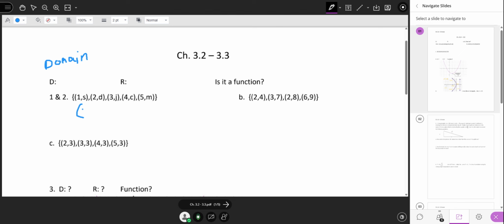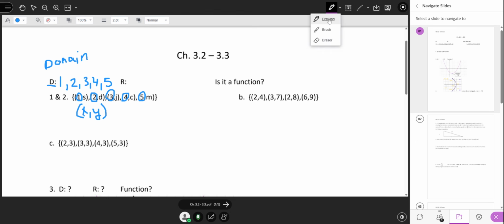And like I said just a moment ago, ordered pairs are x comma y. So if we're listing all of our x values, that's going to be everything that is listed first in each individual set of parentheses. Right? So my domain is going to be 1, 2, 3, 4, and 5. And we would separate that with commas. And that would be my domain.